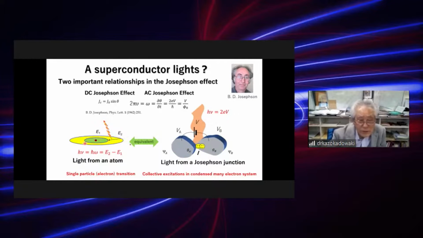This is also almost the same for a superconducting junction, the Josephson junction. Although a superconductor has a gigantic number of electron pairs, this pair can go back and forth between 2 superconductors in contact. Then some light comes out. This emitted frequency is proportional to the voltage applied here.